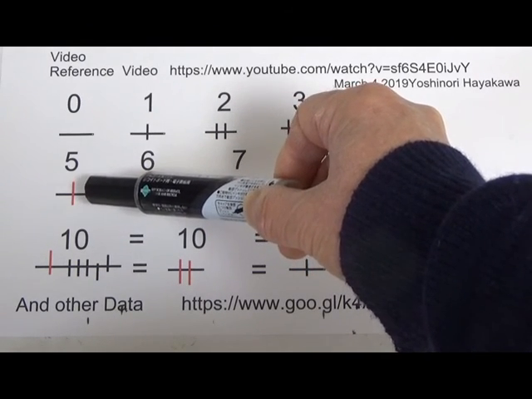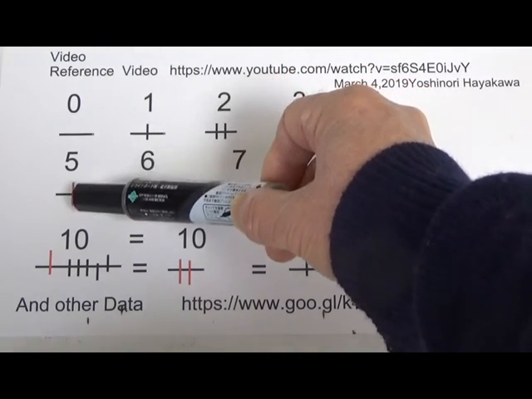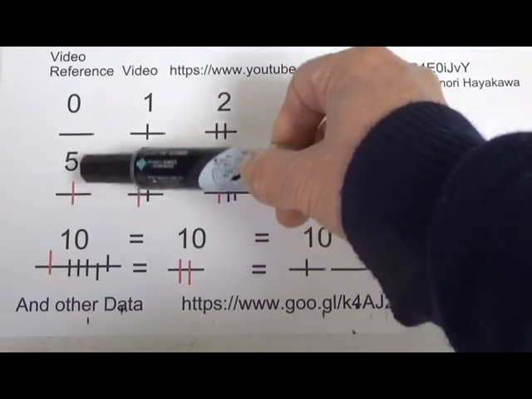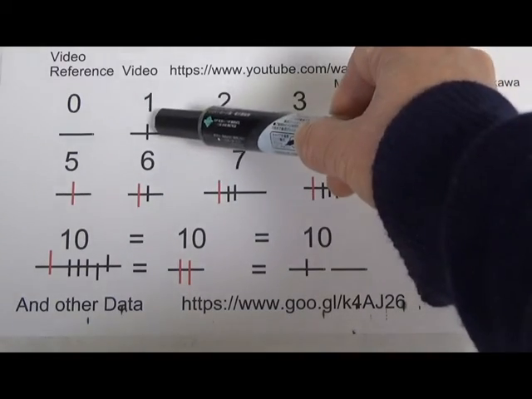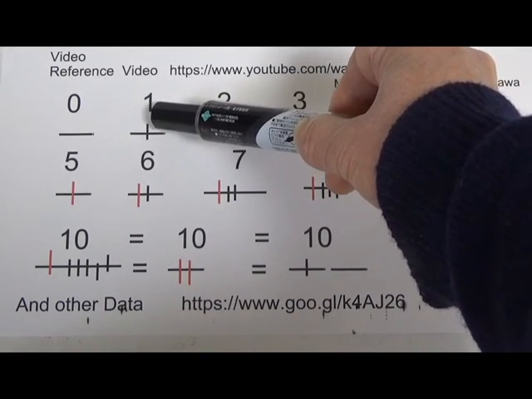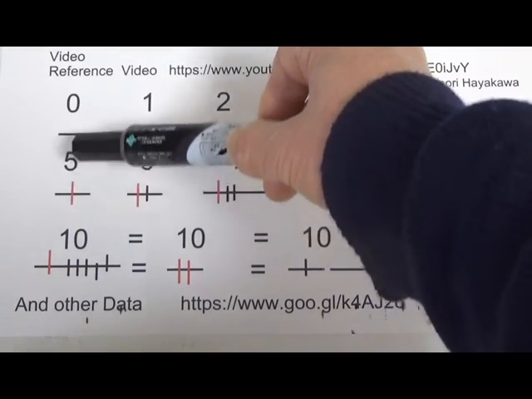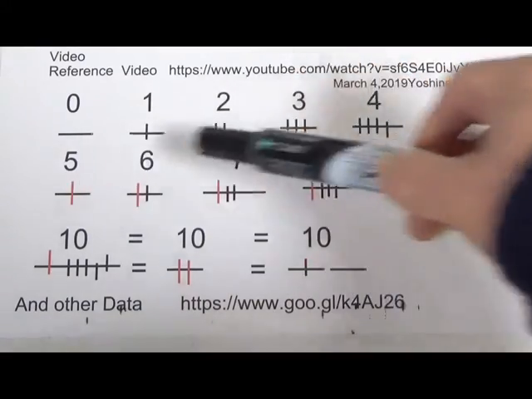a new numeral, that is 5. That is shown here by a single line and single point. But in order to differentiate between 1 and 5, this actually shows 5 lines. The color is changed.